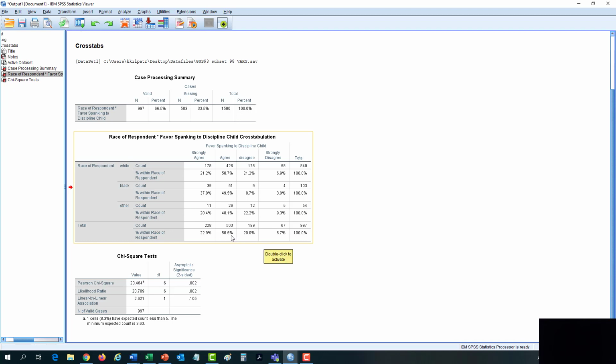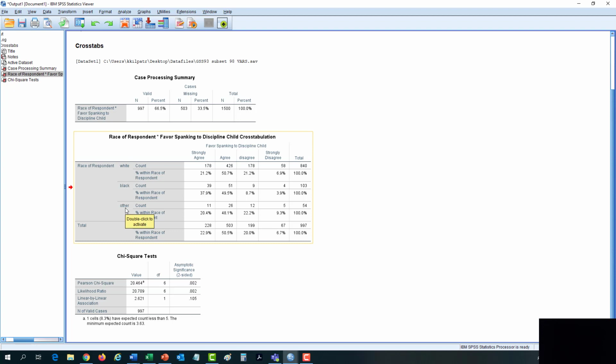In the agree column, there is not. In the disagree column, there is at least a 10% difference. But in the strongly disagree, there is not. So this is good that we're looking at this table, because two columns are not statistically different, and two columns are.